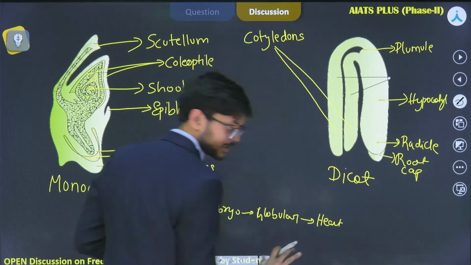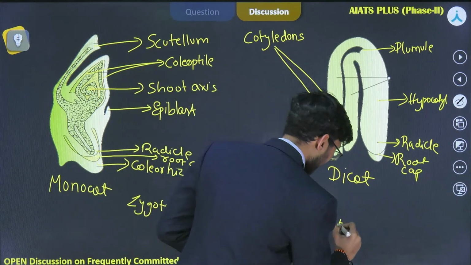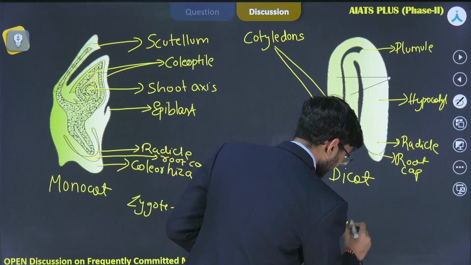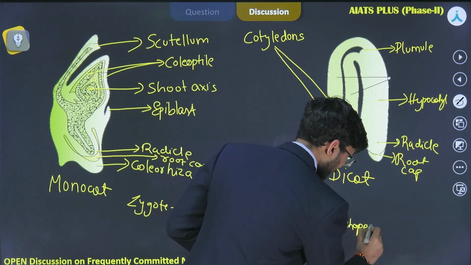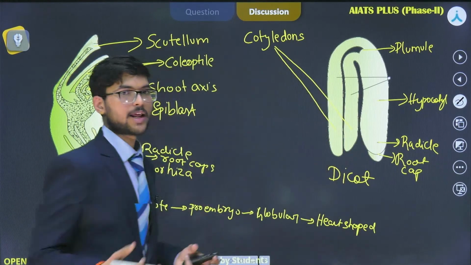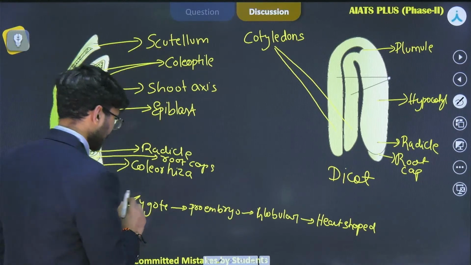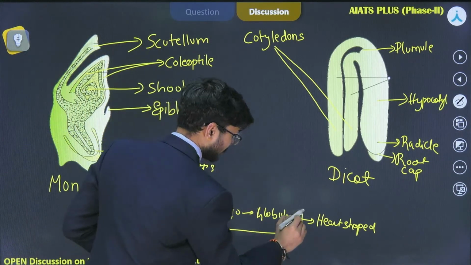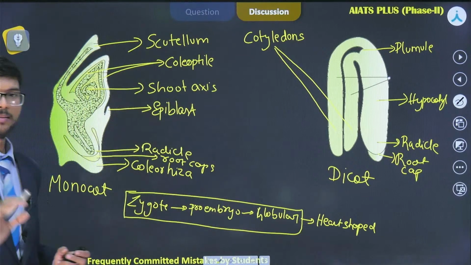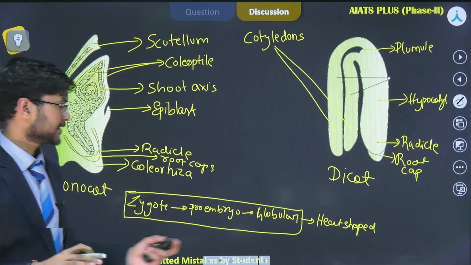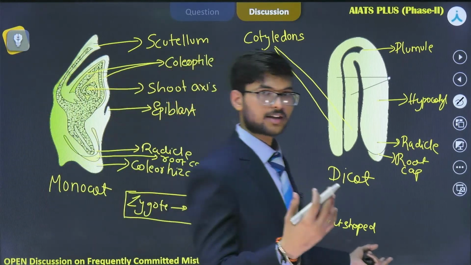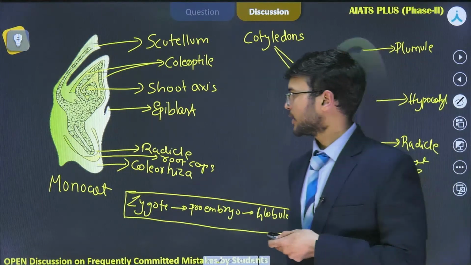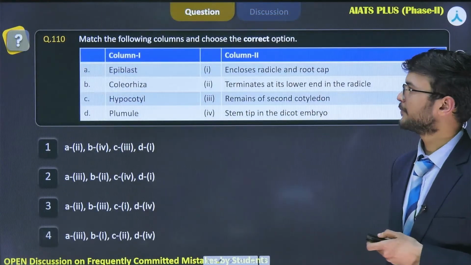In case of dicotyledons you will see that the heart shaped embryo is formed, and then the mature embryo is formed. Okay, so this particular portion is common for both monocots and dicots, while the heart shaped structure is for the dicotyledons and furthermore. Okay, so let's see the question.